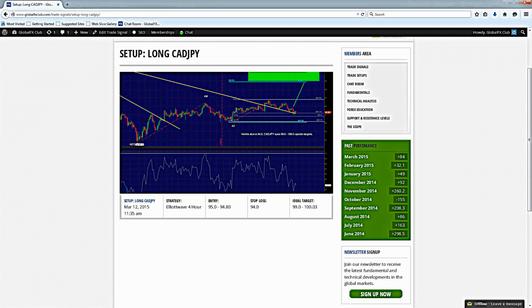And we'll also put some notes on here. This note states that while above 94.0, Cad-Yen eyes 99 to 100 upside targets. All right, and obviously this is that critical level, etc. We'll give an entry zone and so on.